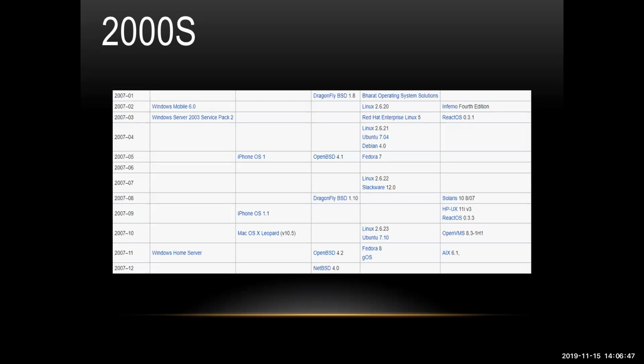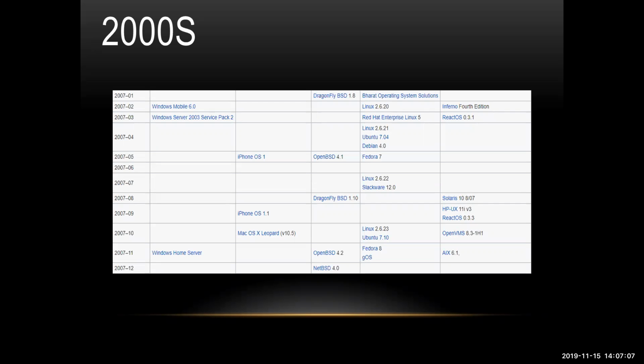And then DragonFly BSD 1.10 and Solaris 10 807. And then September of 2007, we had iPhone OS 1.1 and then HP-UX 11 iV3 and also ReactOS 0.3.3.